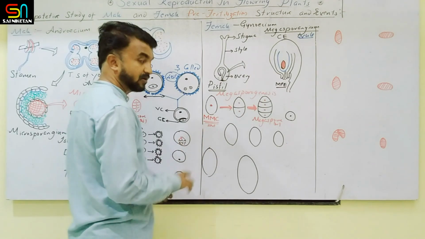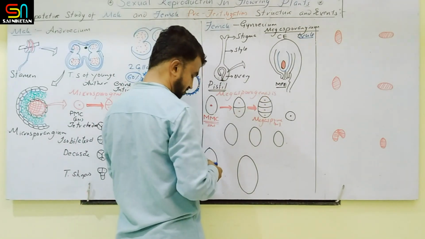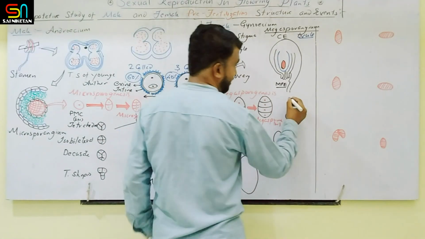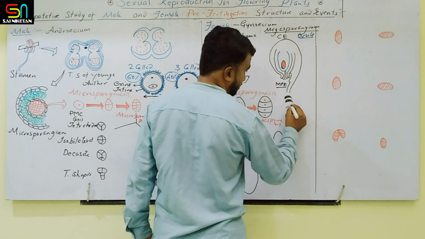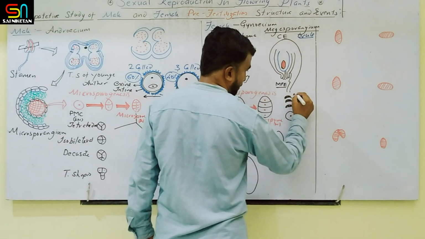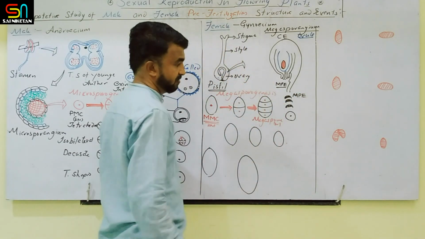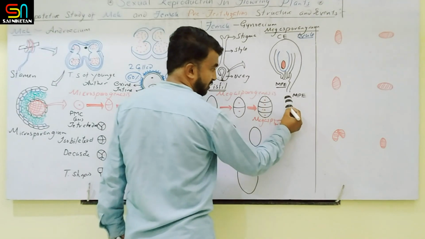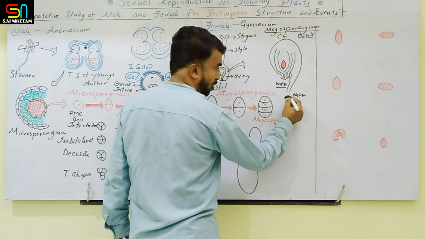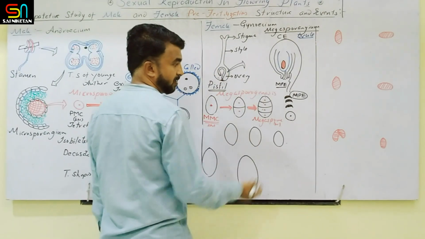Now, the story differs. Out of these 4 megaspores, 3 megaspores, which are present toward the micropylar end, degenerate. 1, 2, 3. These 3 megaspores degenerate and become non-functional. This is toward the micropylar end on this side.